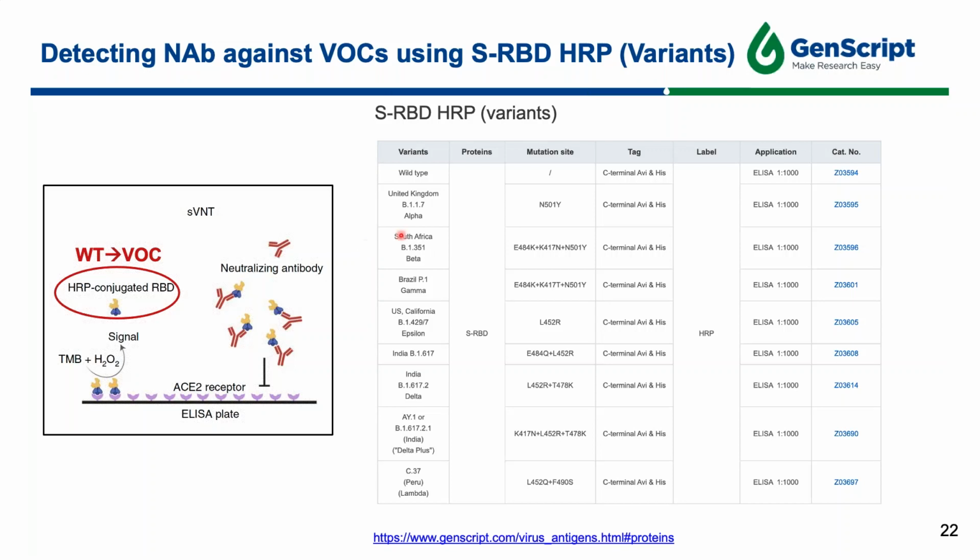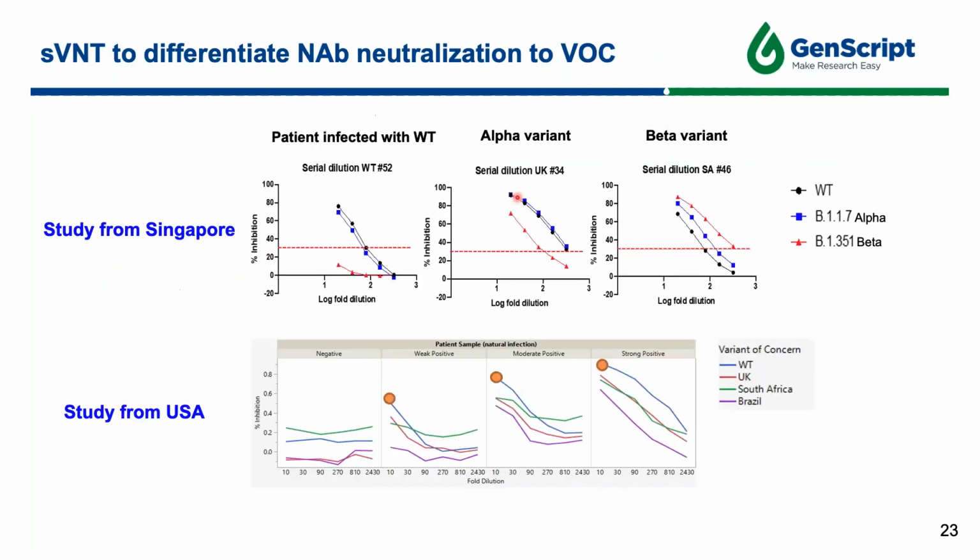Using these variant RBDs, we have also performed studies to see the different level of neutralization against the wild type and variants. These are the results that I shared just now using the SVNT with RBD variants.